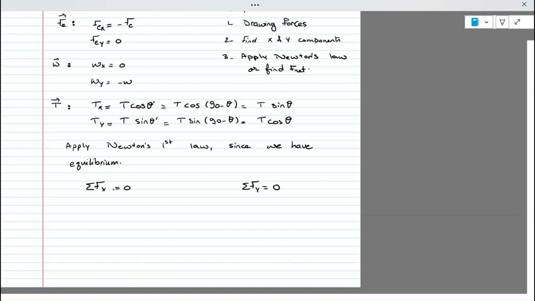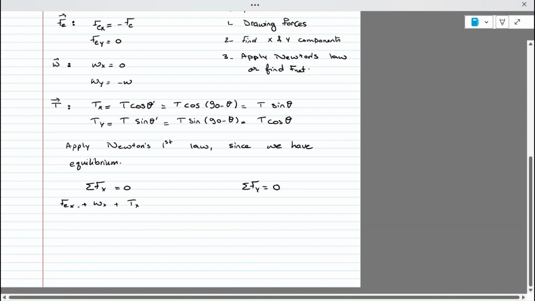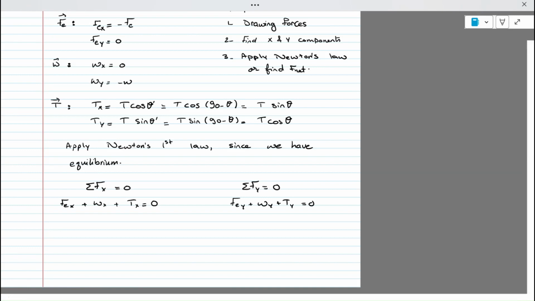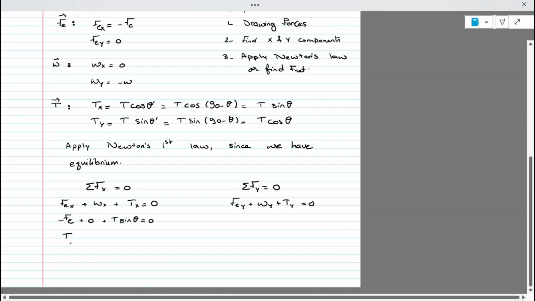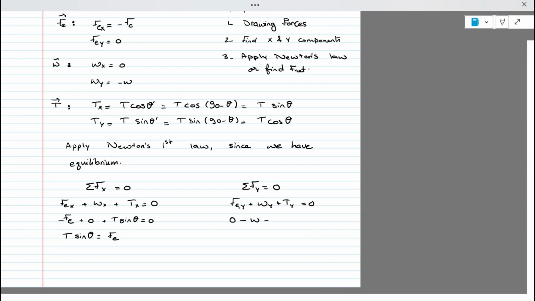I have the x component of the electric force, the x component of the weight, and the x component of the tension, and the same thing for the y components. For the x component of the electric force, I will have minus Fe. For the weight, we got 0, and for Tx, we got T sine theta. So our first equation gives us that T sine theta equals Fe. For our second equation, we have 0 minus W plus T cosine theta equals 0. So we just got that T cosine theta equals W.